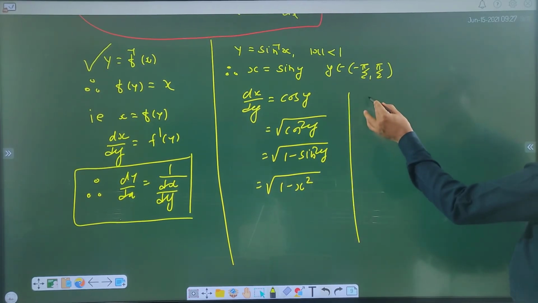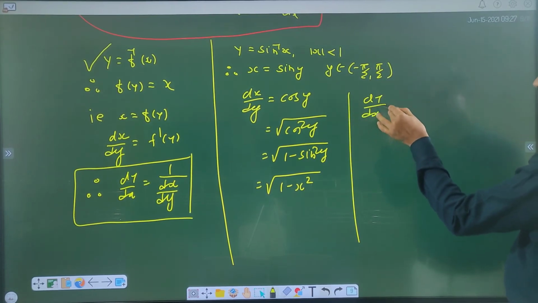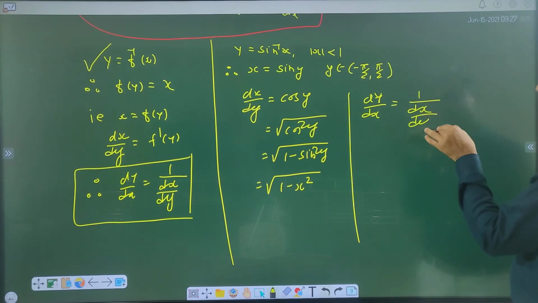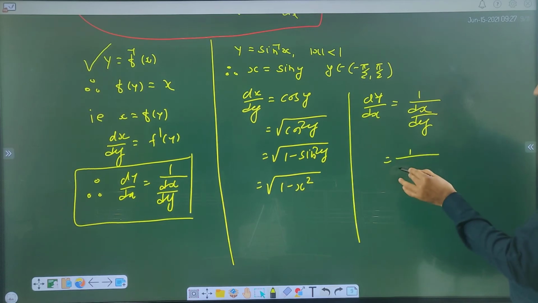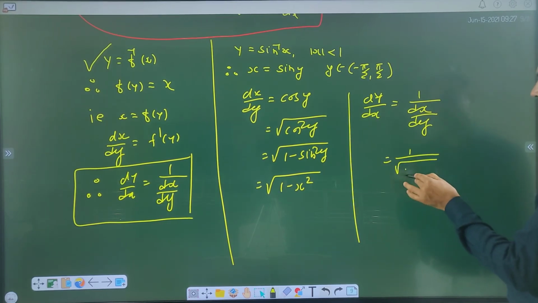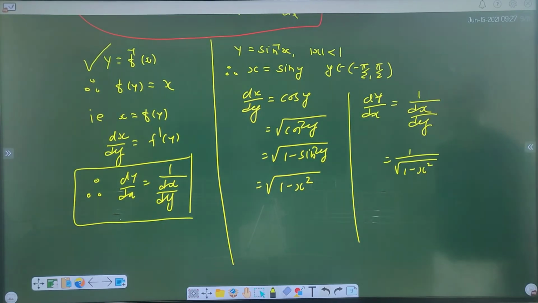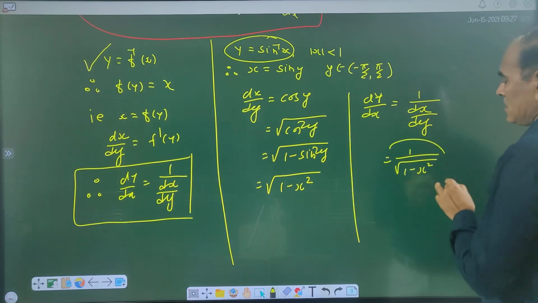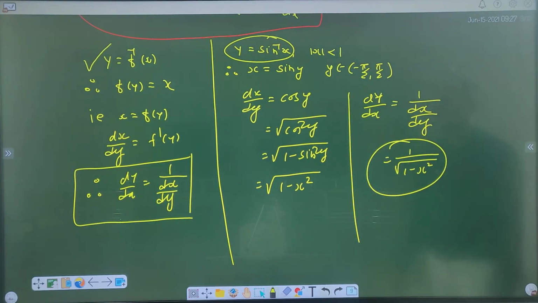So what we get, dy by dx is equal to 1 upon dx by dy, so 1 upon under root 1 minus x square. So if y is equal to sine inverse x, then its derivative is 1 upon under root 1 minus x square.